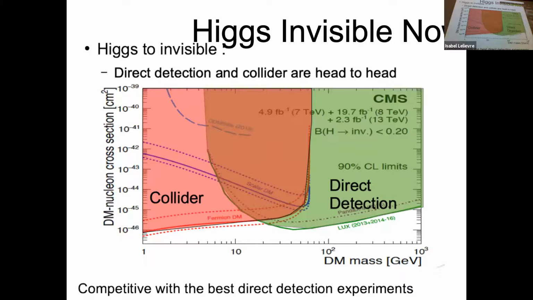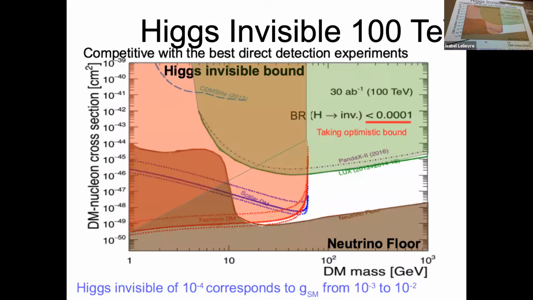Here's the current Higgs invisible bound compared to direct detection. So they're of similar sensitivity in the dark matter mass of 20 GeV region. So the bounds kind of look complementary. And here's the future bound for Higgs invisible if you had a 100 TeV machine. So you can go well beyond the neutrino wall.